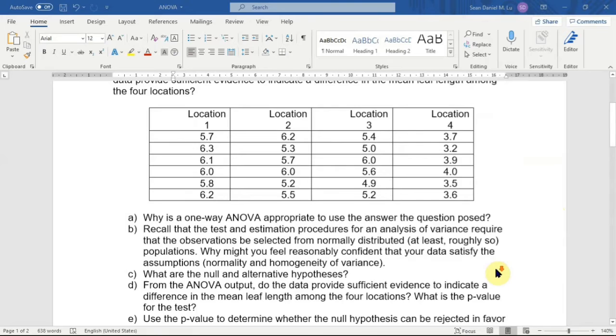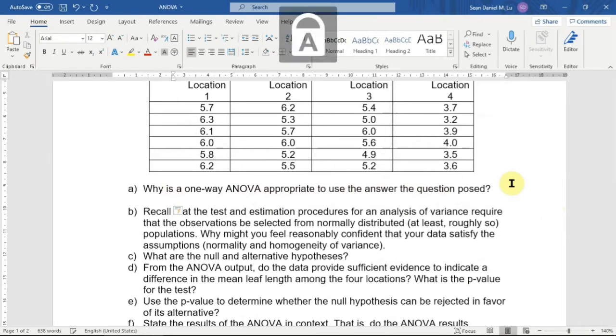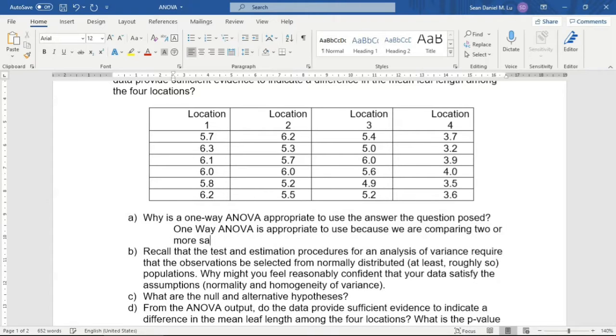So, first question. Why is One-Way ANOVA appropriate to use in answering the question posed? One-Way ANOVA is appropriate to use because we are comparing 2 or more samples, groups.